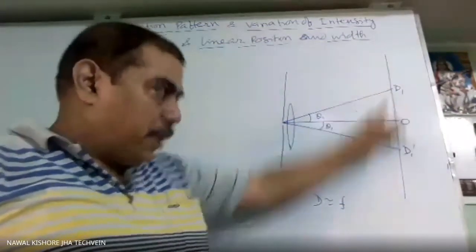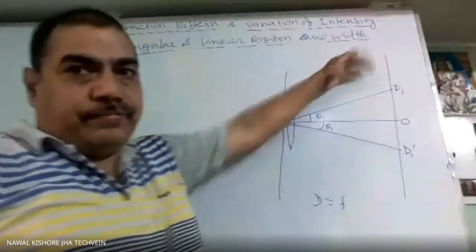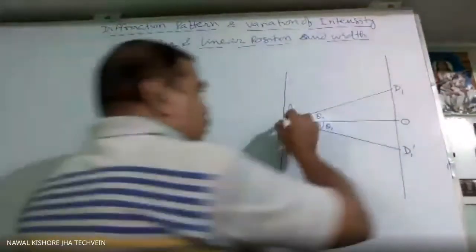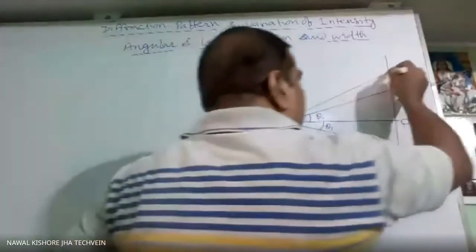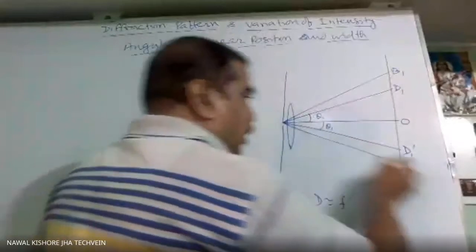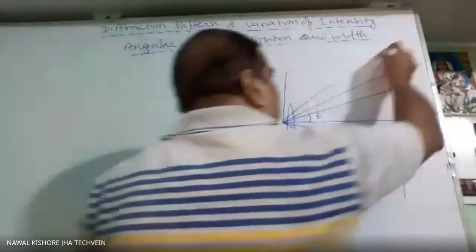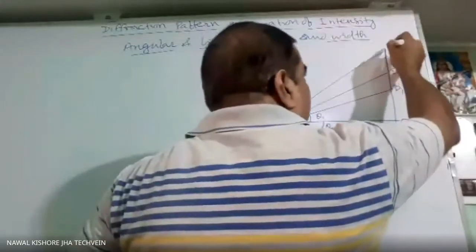At this point we are getting dark. Again light is coming. I am just making it big. Suppose this is the bright one, first bright. Here again we are getting first bright. This is second dark.